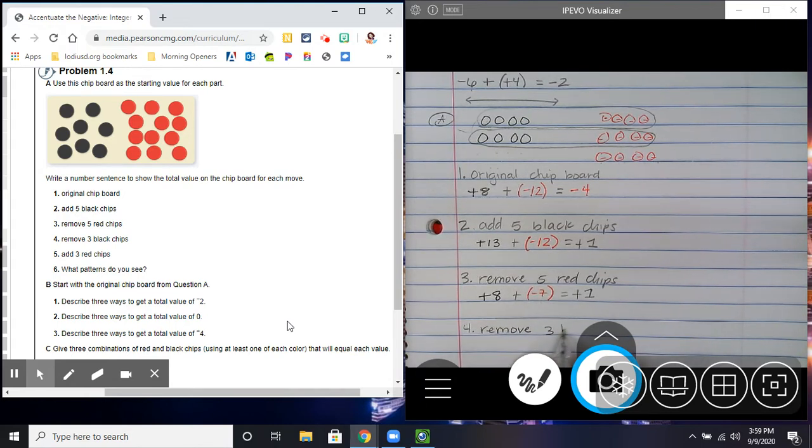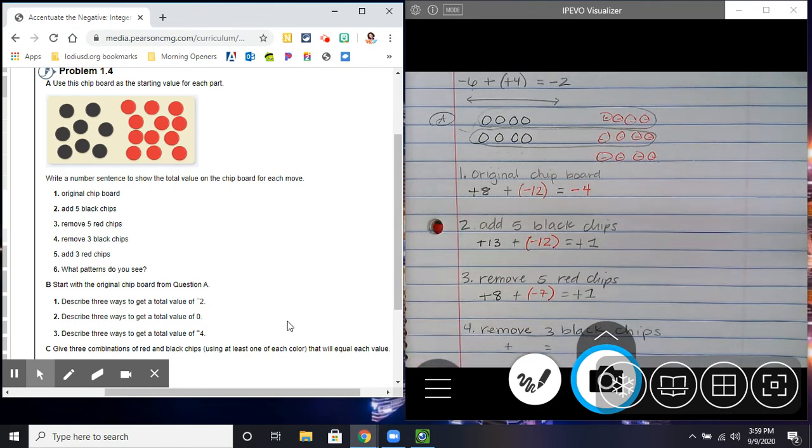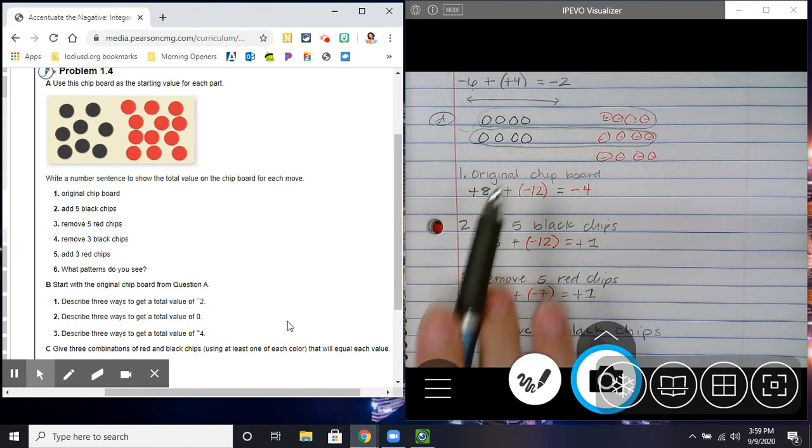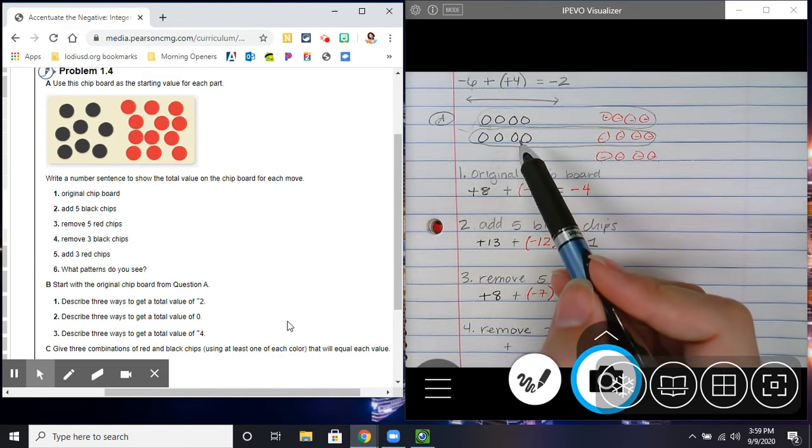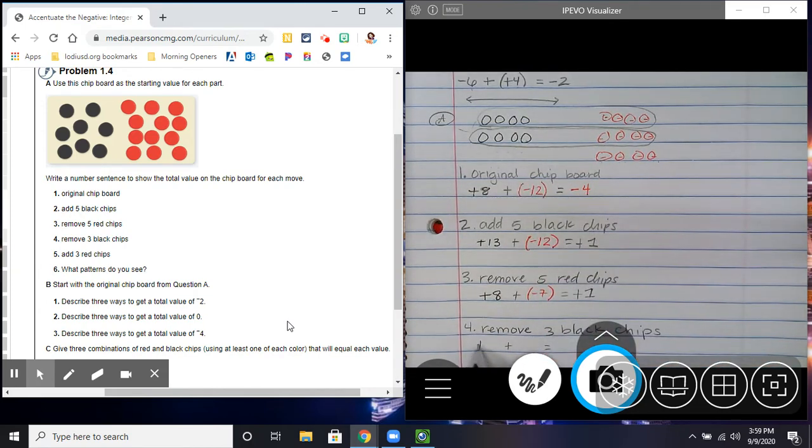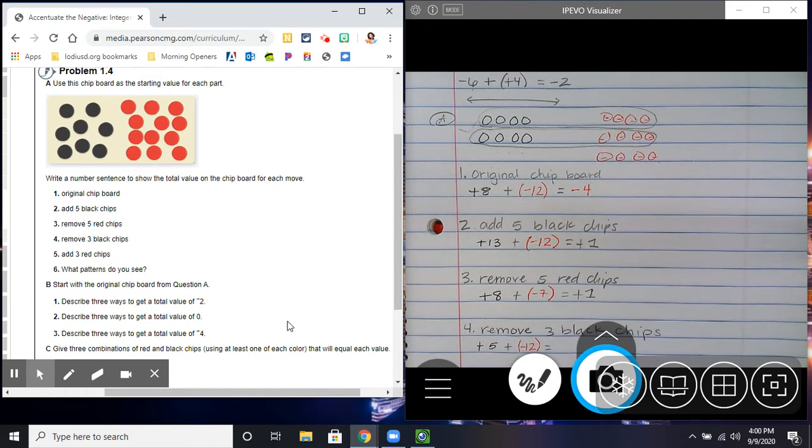Number 4, remove 3 black chips this time. So we're removing 3 black chips from the original amount. That's going to leave us with 5 and the same number of red, which is -12. Now we see that this number is bigger, which means that you're going to be in the red.